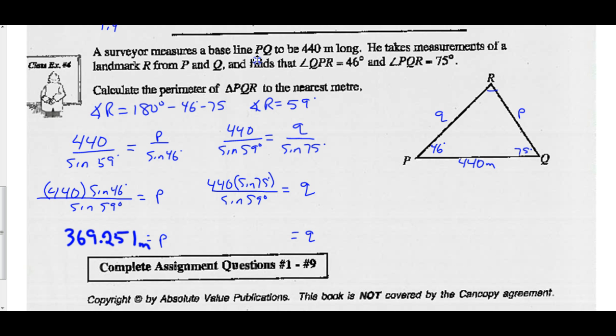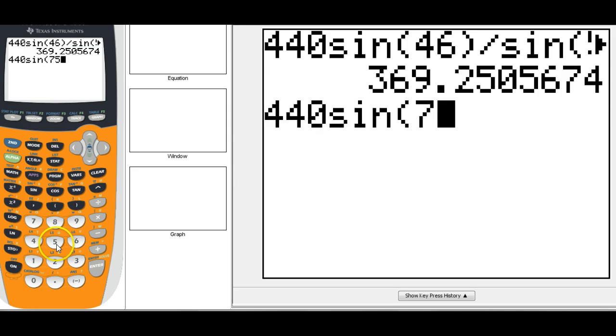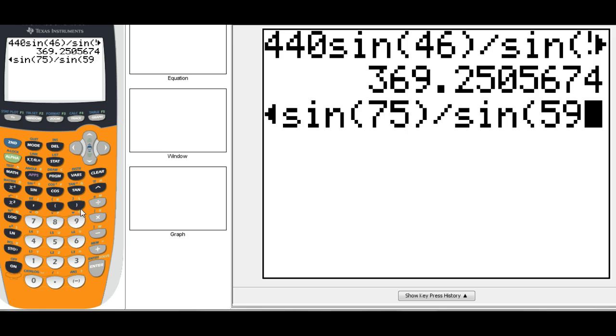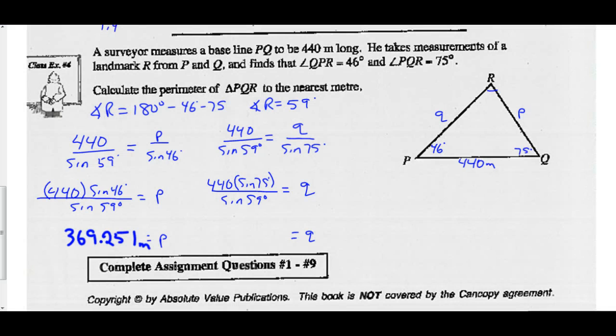So again, calculator work. To find Q, we should say 440 times the sine of 75 divided by the sine of 59. And that gives us 495.828 meters.